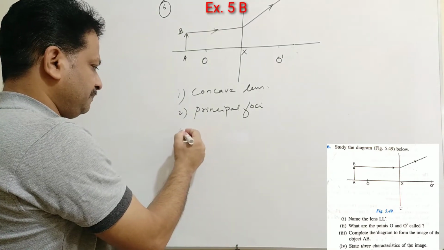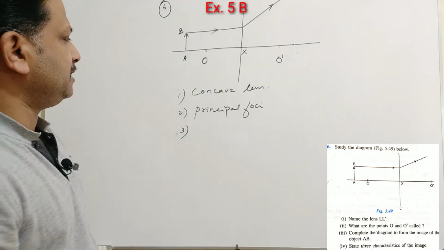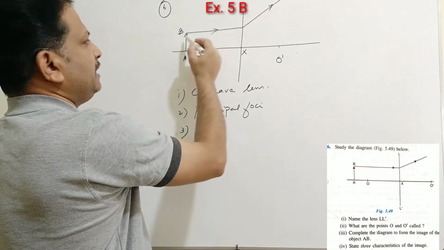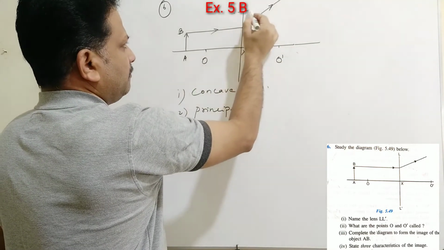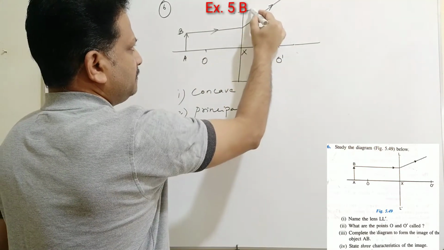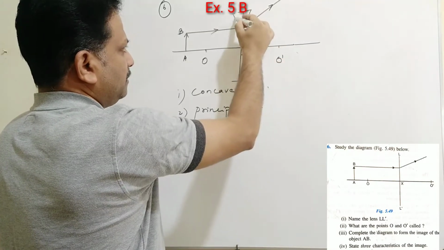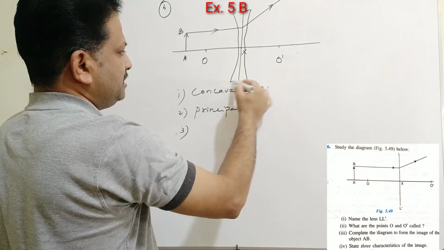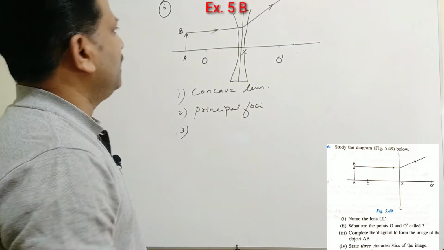Okay. Now complete the ray diagram. The third part, you have to complete the ray diagram. Let us complete it. A ray of light traveling parallel to the principal axis, after refraction, is diverging. First of all, we will complete the outline of the lens. A concave lens. Let us try to draw a concave lens. Thinner at the middle, thicker at the edges. Completed.